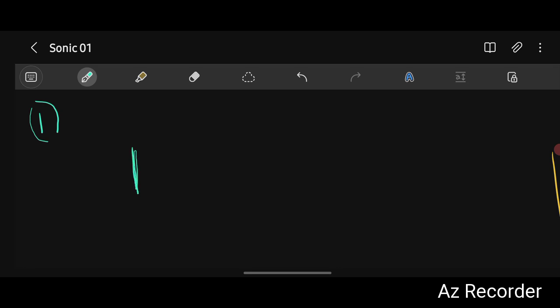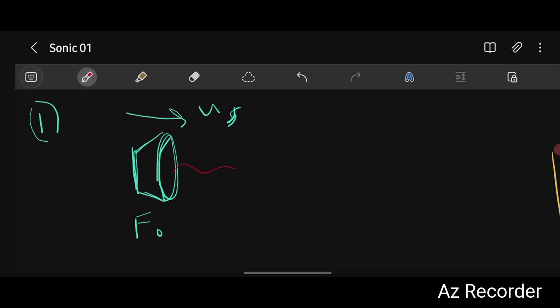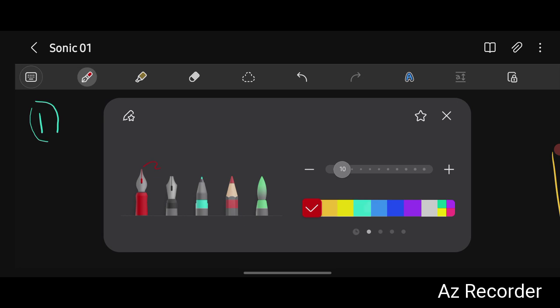So it means like this: the source comes in this direction with velocity us, and it has f naught frequency. It emits sound like this wave, and the velocity of the sound is v.